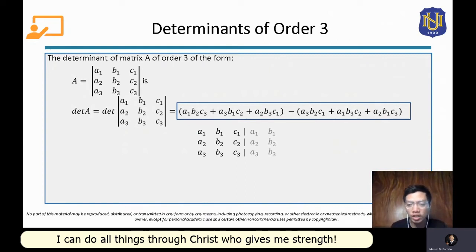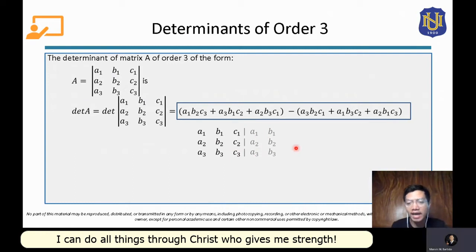If this is your matrix A, we just have to rewrite the first two columns, which are A1, A2, A3 and B1, B2, B3, beside the matrix.